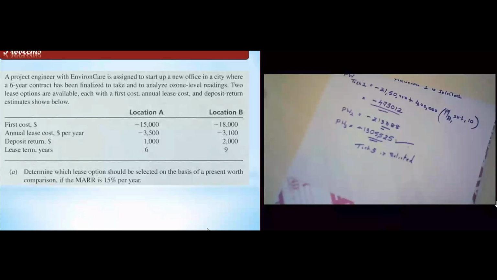My time would be from 0 to 18, where 18 is nothing but the LCM value of 6 and 9.